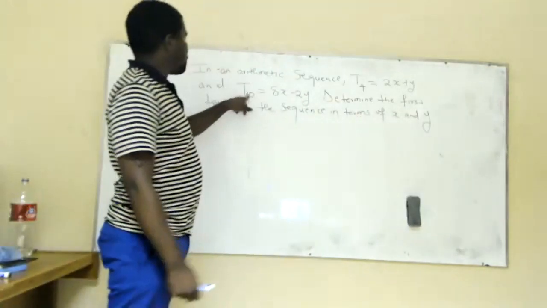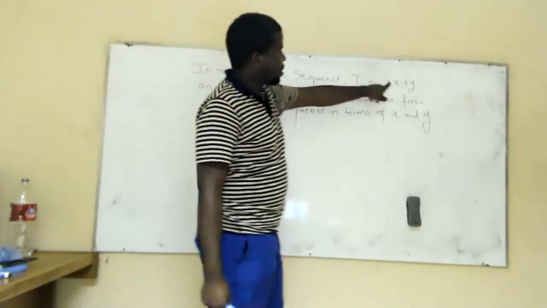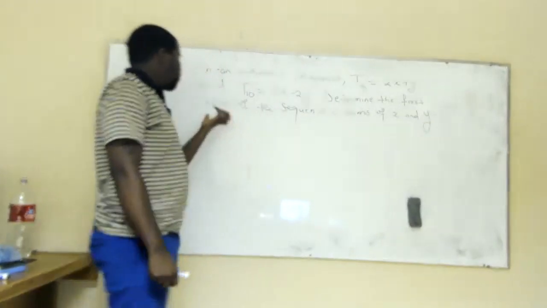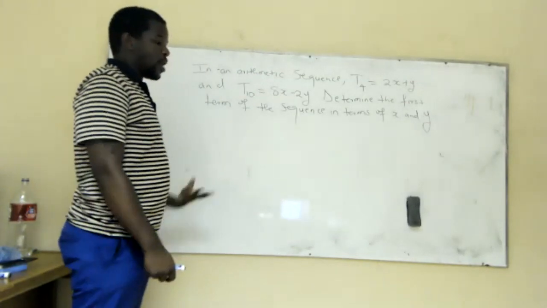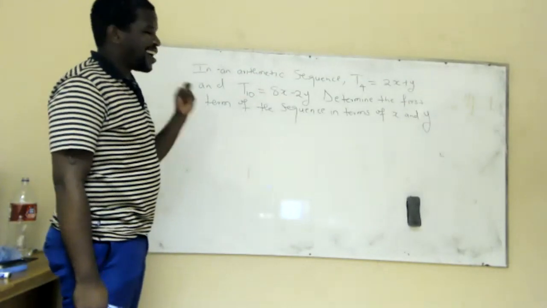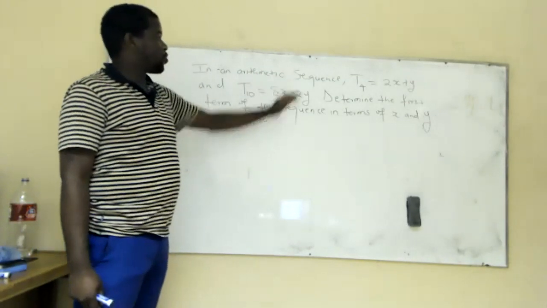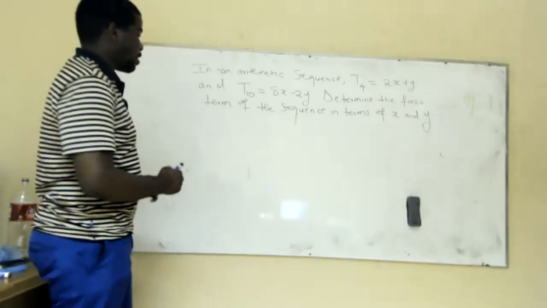For example, term 10 is in terms of x and y, and term 4 is in terms of x and y. Therefore, the answer for the first term must also be in terms of x and y. We are not expecting an actual value here. I believe you understood what I said just now.